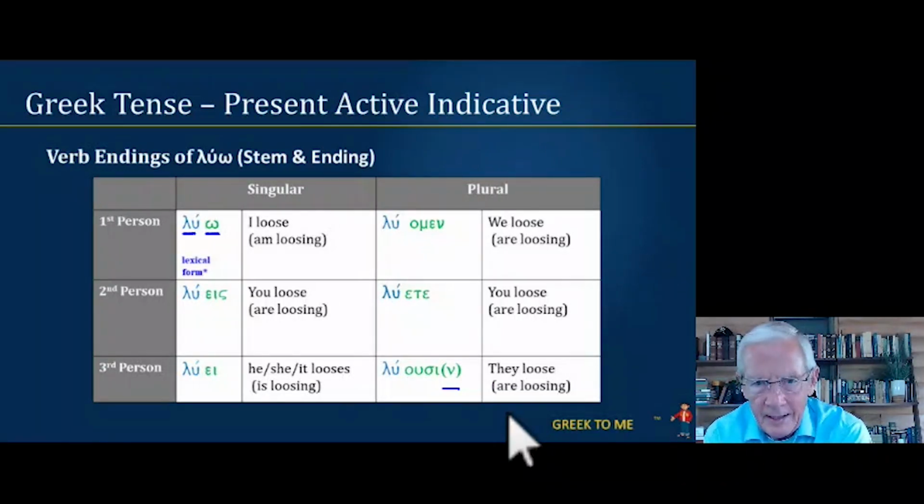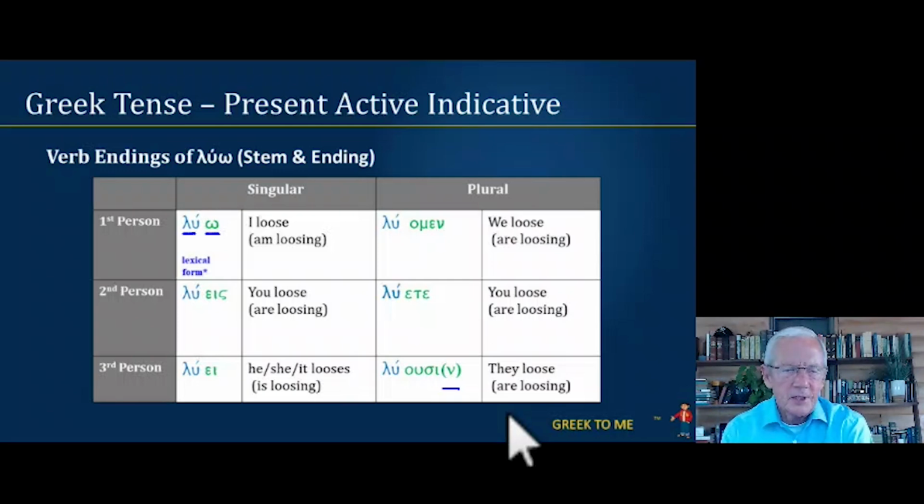We don't say a elephant. We say an elephant. Well, the N sound is put in there so we can pronounce things quickly. An elephant, instead of stopping and starting. So Greek does the same thing. When the next word begins with a vowel, then you'll see the nu there. So it doesn't mean anything different. It's the same ending. It just depends on the next word.